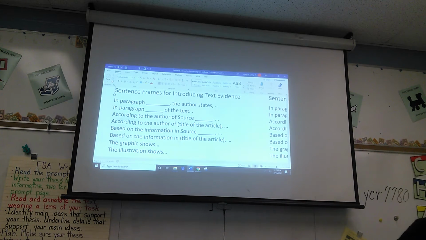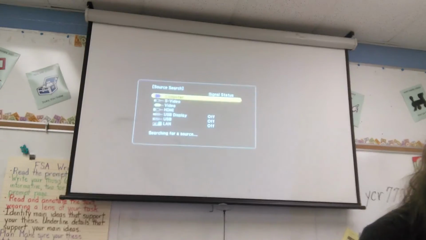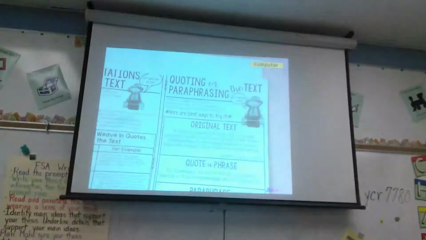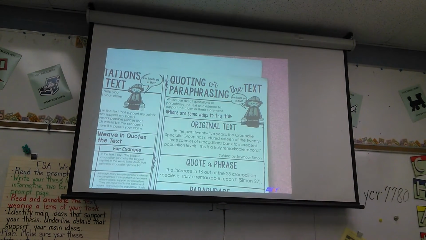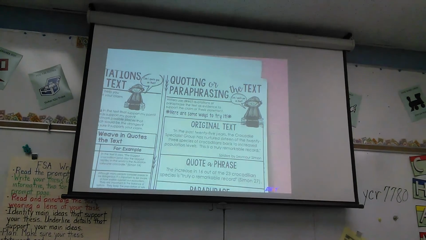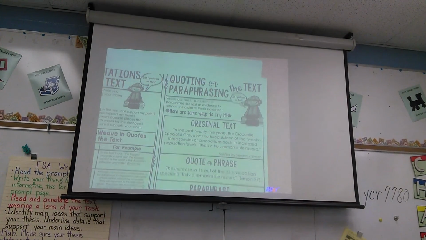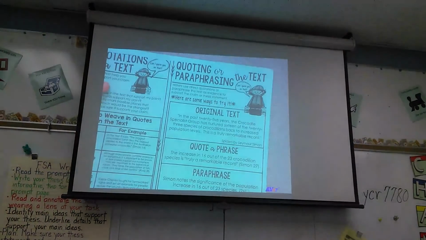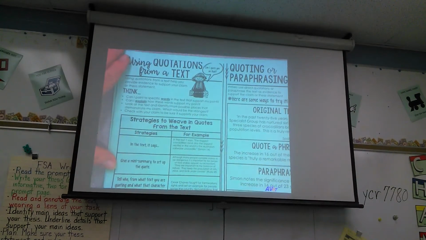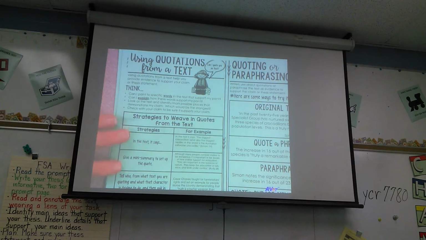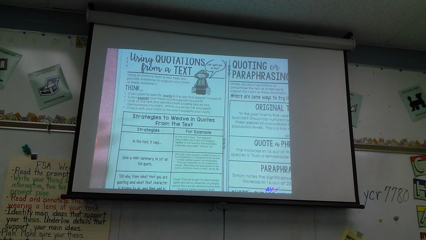You have to turn your packet to landscape. There are two charts side by side that talk about quoting. Okay, we'll start on the left-hand side.